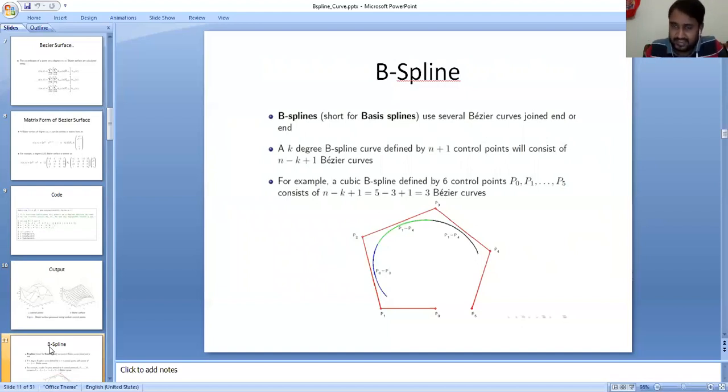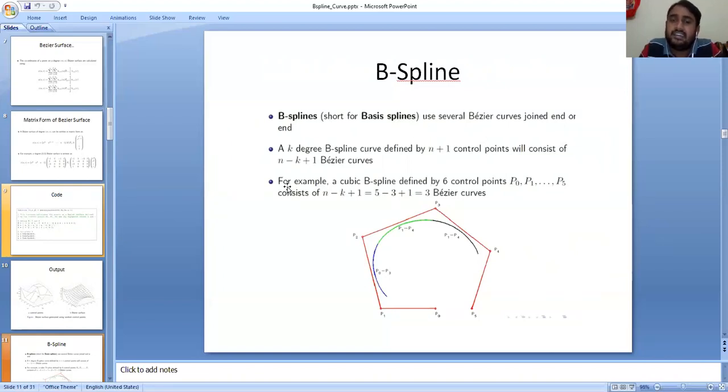B-spline curves, mainly known as basis splines, overcome this limitation of the Bezier curve. B-splines are nothing but a combination of various Bezier curves, and these Bezier curves are joined from end to end control points.